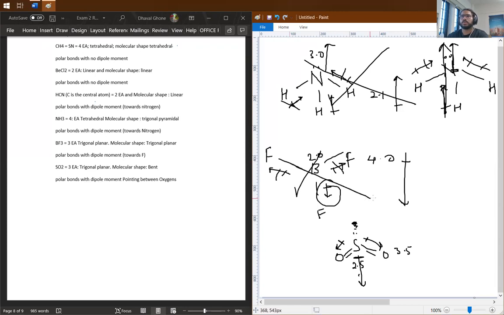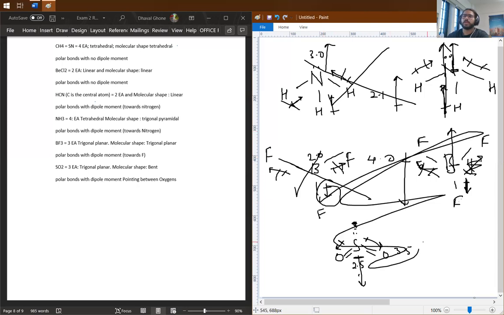In this case too, BF3. We said it moves towards fluorine. So these two would really add up to give you towards here. And then this is a weaker one. Actually, I'm confused now. Hold on to this one.